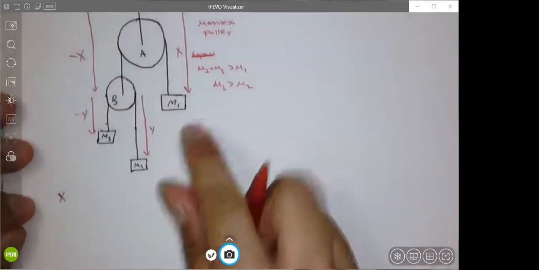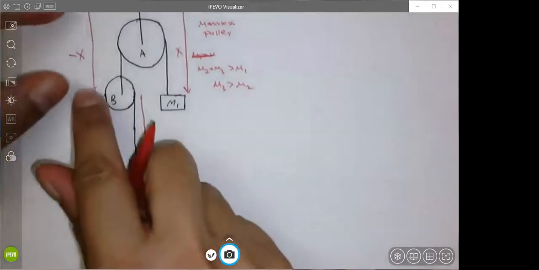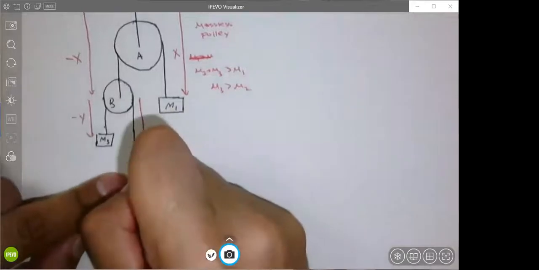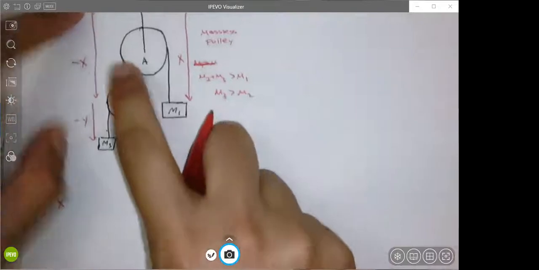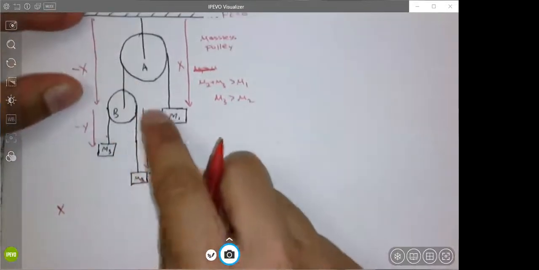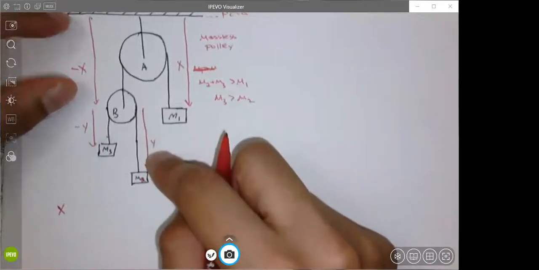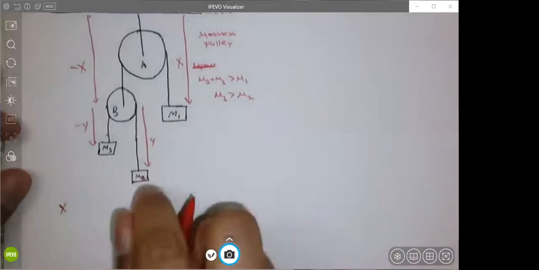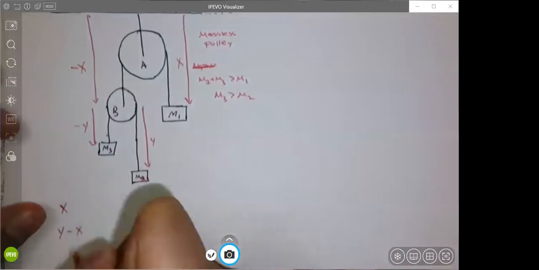Pretty straightforward. For M2, it's going to be the combination of this part, because M2 is being pulled in this direction here, but it's moving in this direction right here. So you have this y, but you have this term right here, negative x. So the generalized coordinate for M2 is going to be y minus x.